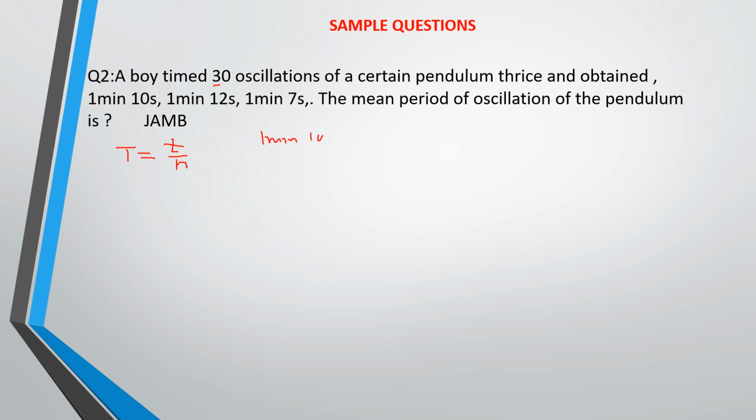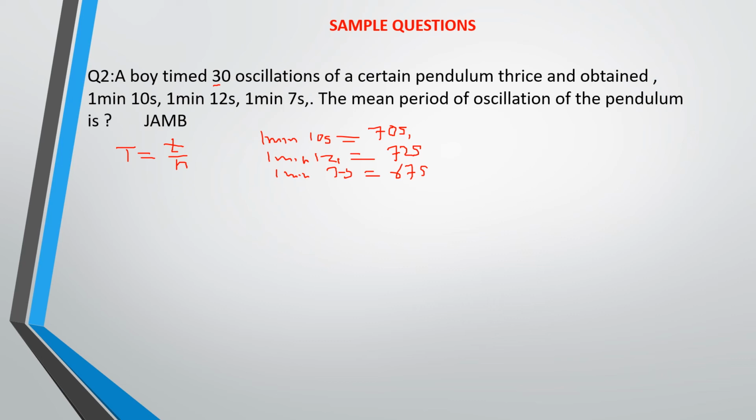For the first set, 1 minute 10 seconds is equal to 70 seconds. The second, 1 minute 12 seconds, is equal to 72 seconds. While the last one, 1 minute 7 seconds, will give 60 plus 7, 67 seconds.